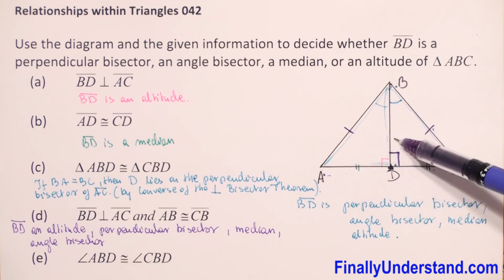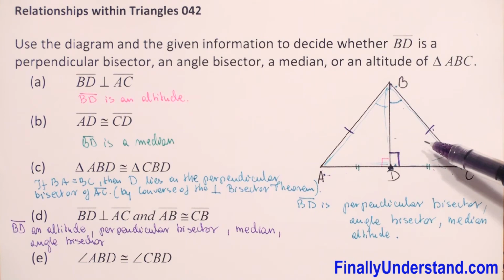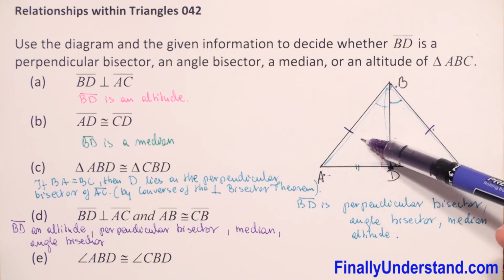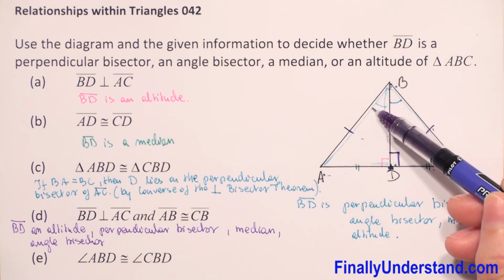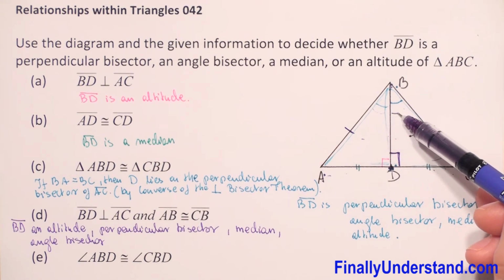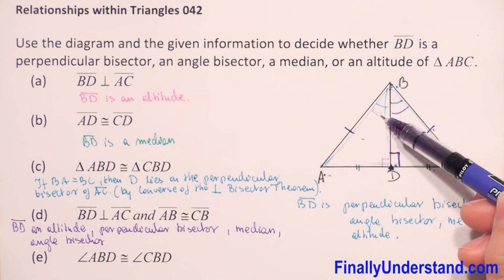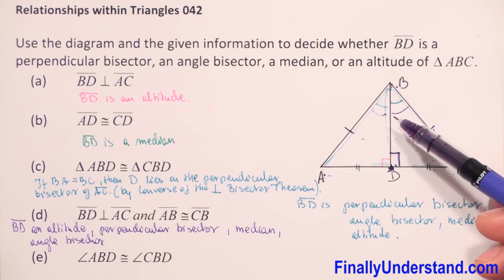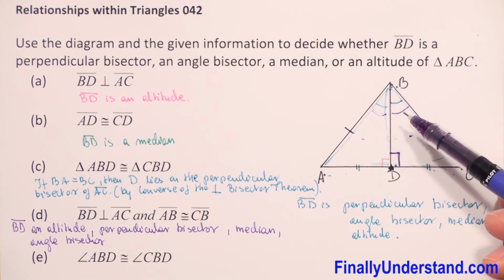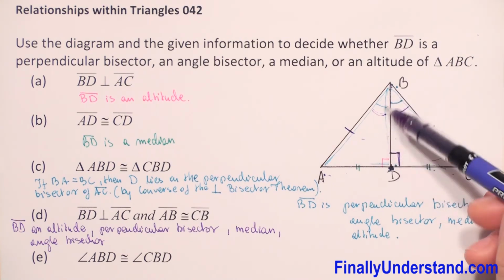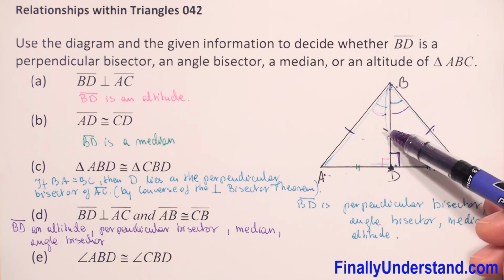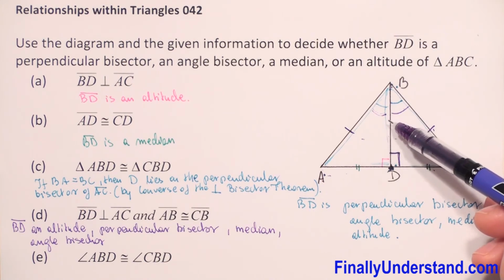So by the side, side, side congruence postulate, these two triangles are congruent. It means that these two angles are congruent, because corresponding parts of congruent triangles are congruent. So BD is the angle bisector, because BD divides the angle into two angles that are congruent.